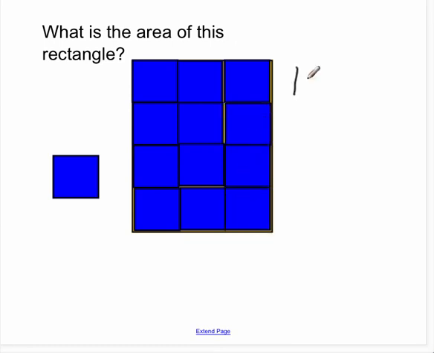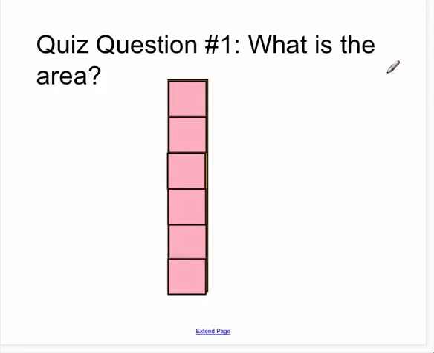I do have a few small, tiny gaps just because of the way the drawings are. So looking for the area of the shape, this took 12 tiles. So this would be 12, SQ for square, 12 square centimeters.